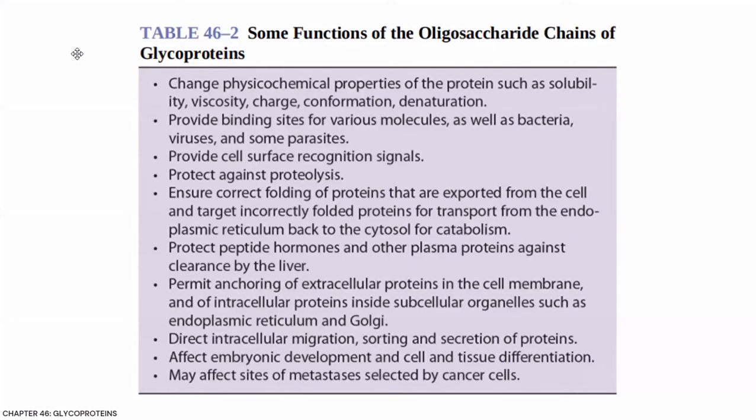So hormones and other proteins that pass to the liver would be degraded, but they have to be protected. Like for example, hormones. So it protects the peptide hormones and other plasma proteins against the activity of the liver.